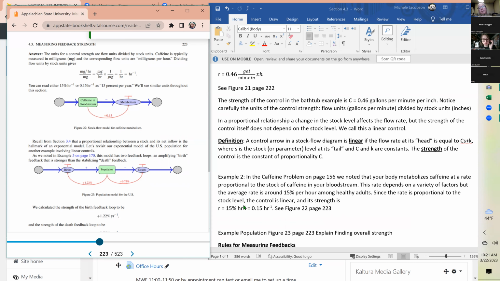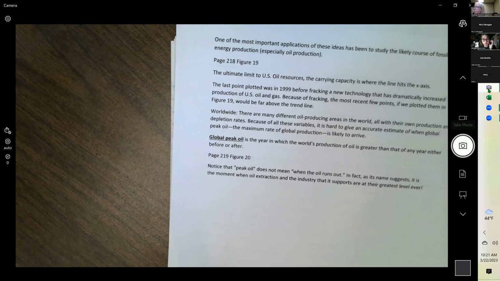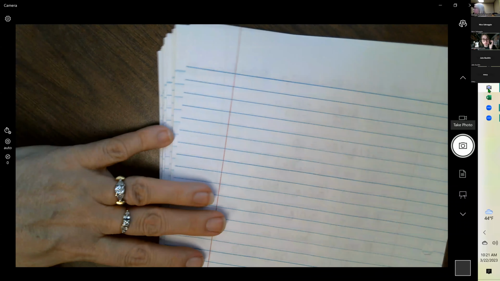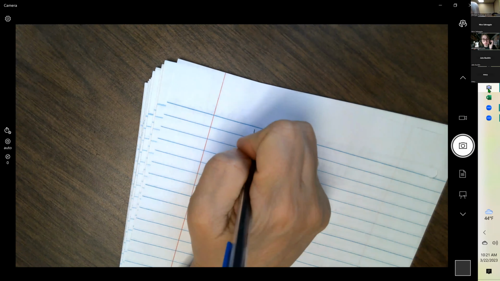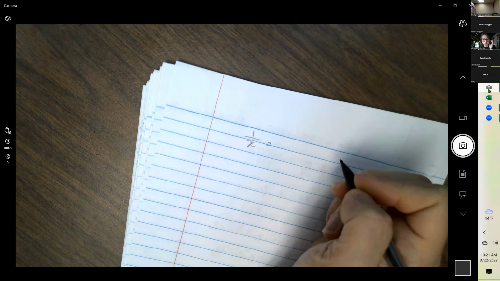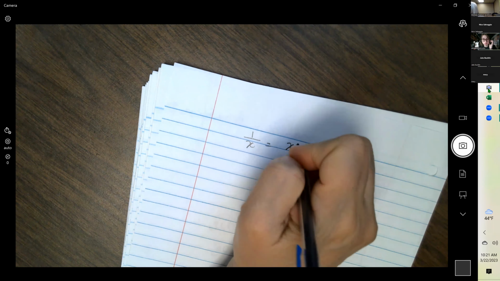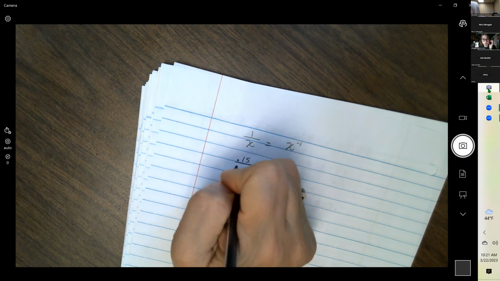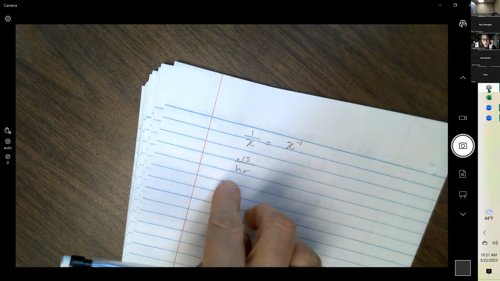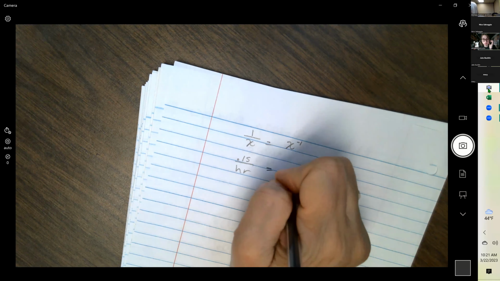Now, the reason they have this h to the -1, it's just per hour. But when you have something in your denominator, remember, if we have 1 over x, we can write it x to the -1. So it was 0.15 per hour, but instead of having it in the bottom, they can move it up.